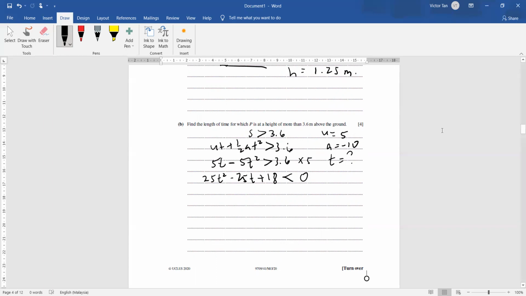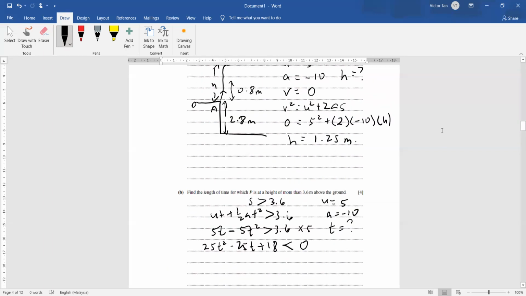You can always use your calculator to find the roots, so it will save you some time on your factorizing. Oops. Seems to be a problem. Let me see. Oh, okay.